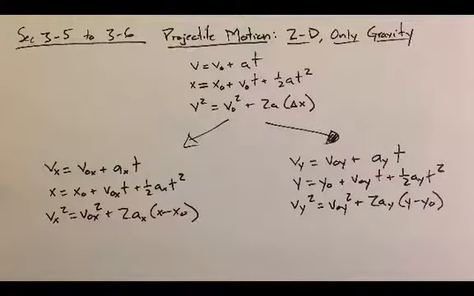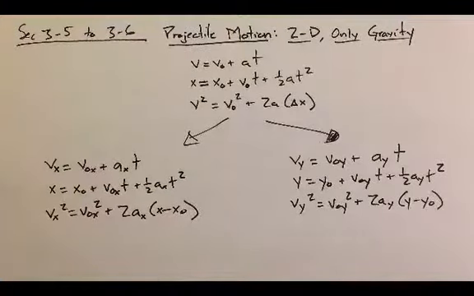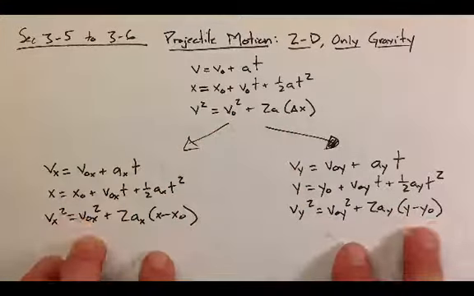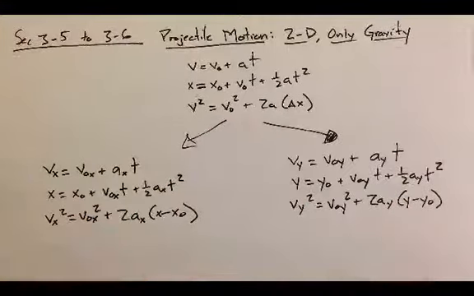So every projectile motion problem, every two-dimensional problem, is just a one-dimensional problem, taken two at a time. We are going to take these equations and split them up. These equations were your best friends up until now, and now these equations are your best friends. Really, it's twice as many equations, but it's the same equations, just in two different coordinate systems.